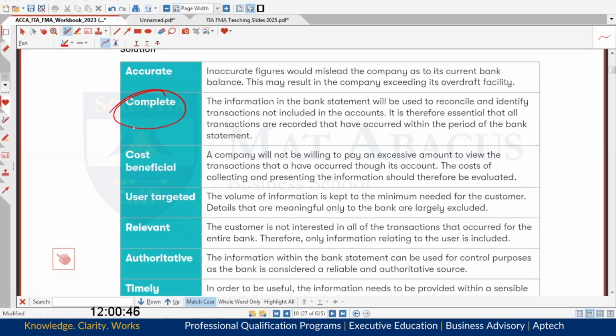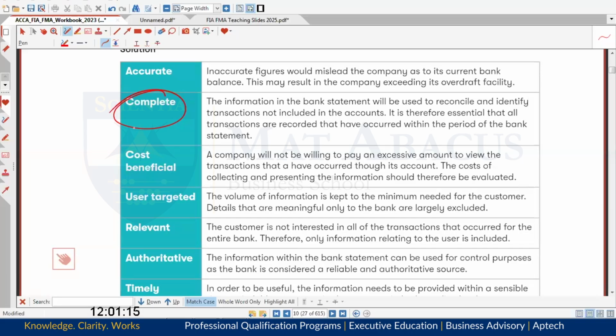At 2, okay? Inaccurate information will be misleading, because if you give me a false age, I'll come up with a false conclusion. Then it should be cost beneficial. The benefit we derive as a business from the information should outweigh the cost of obtaining that particular information.